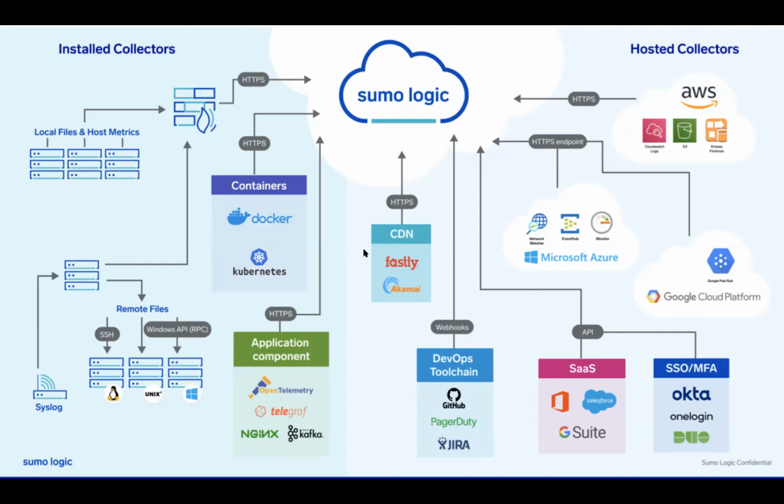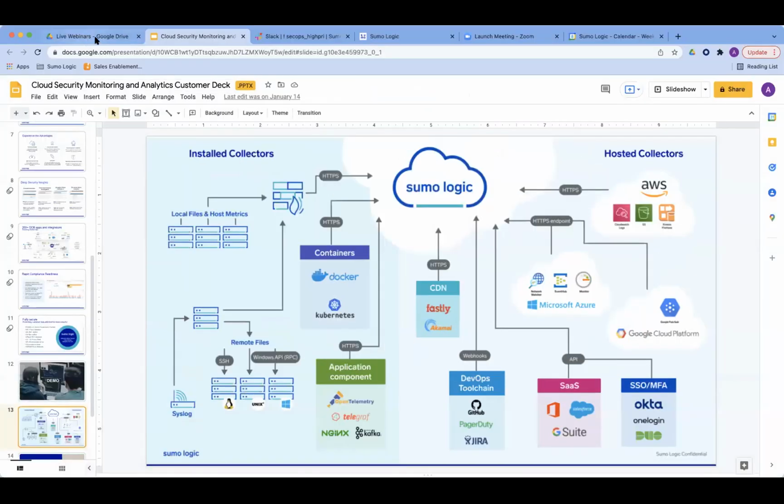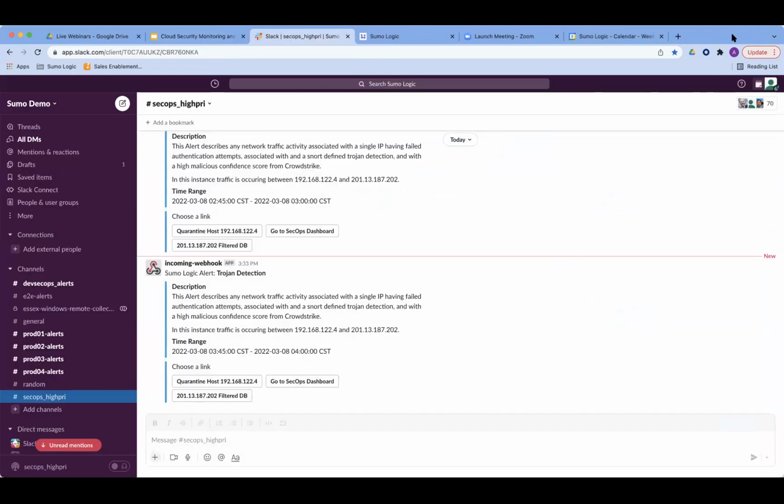So with that, let me stop this and jump directly to my demonstration system and show you how we can use it. I'll take an example of a scenario where somebody like a SOC engineer is getting a message on his Slack, and we have a lot of integrations built in.